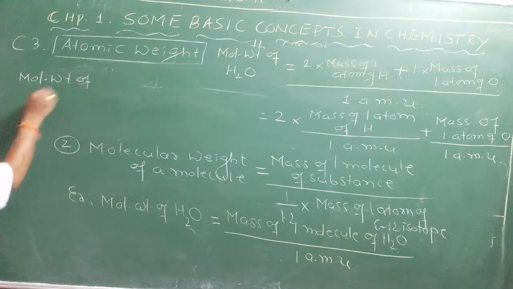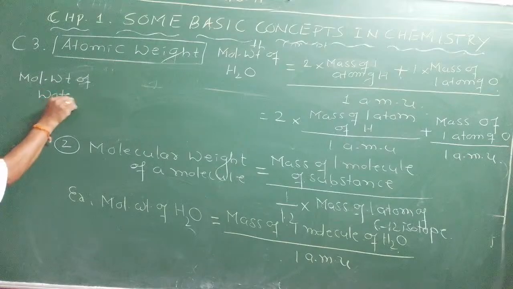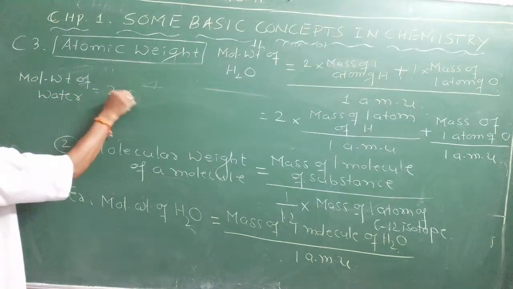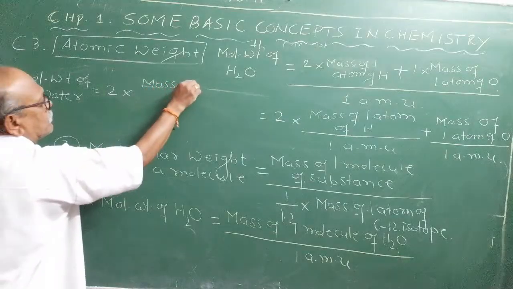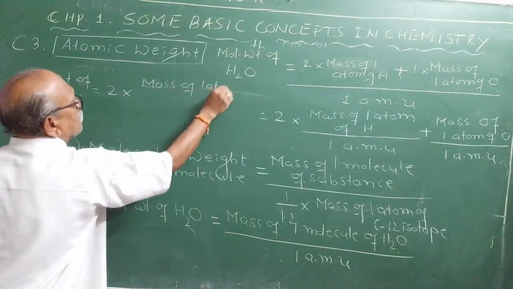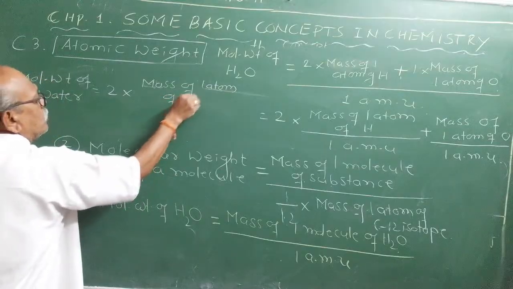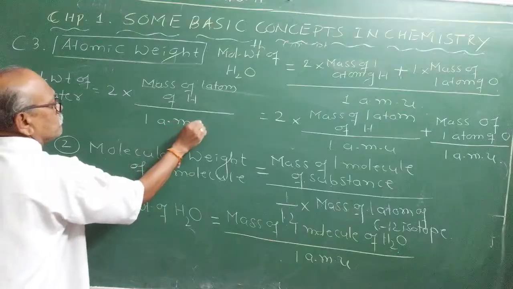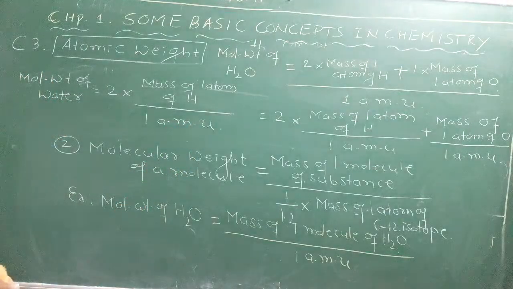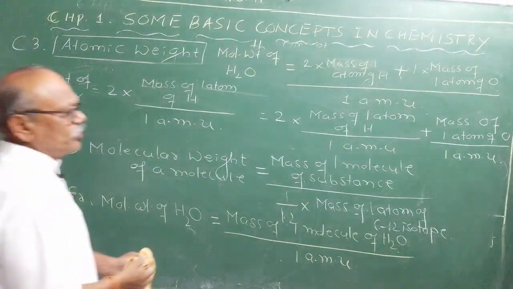The molecular weight of water is equal to 2 times the mass of 1 atom of hydrogen divided by 1 AMU. Do you agree with me? I hope you understood.